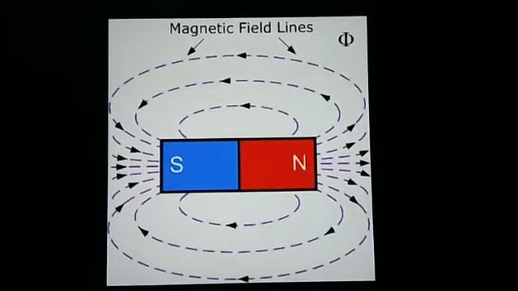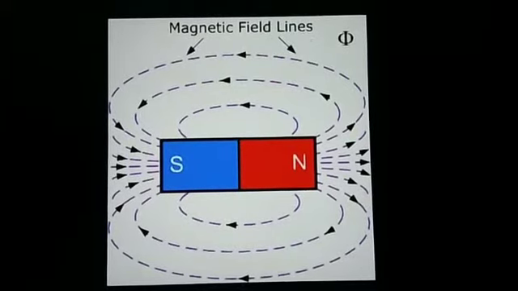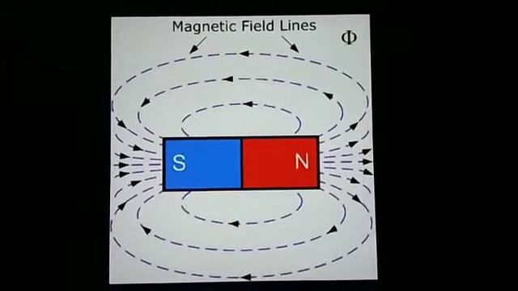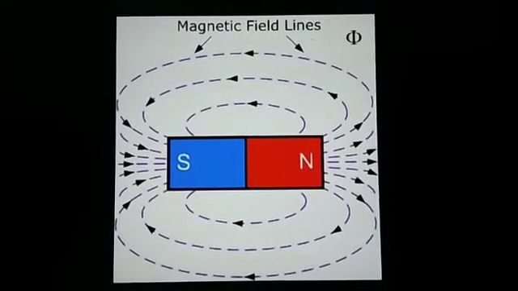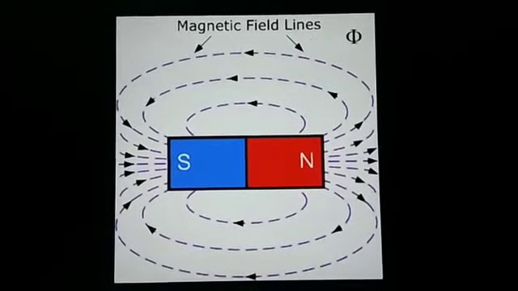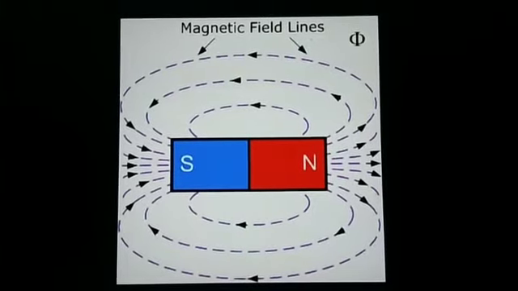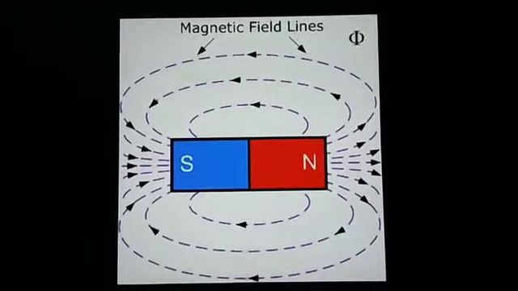See, this is the difference between the outer field and the inside field. The outside field of the magnet starts from the north pole to the south pole. The inside of the magnetic field goes from the south pole to the north pole.